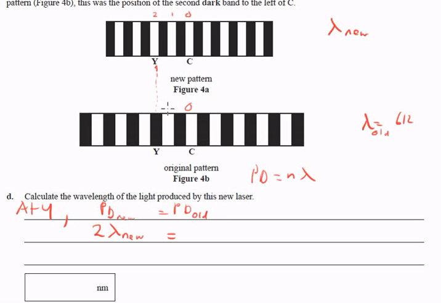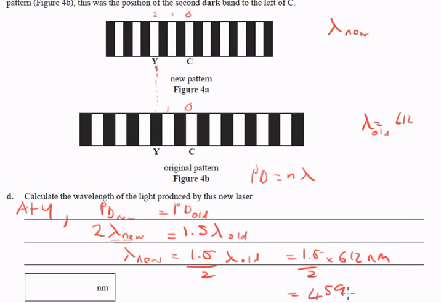Well, there's 0, there's 1, 1.5 of lambda old. We want to find lambda new, so we rearrange, divide both sides by 2. Lambda new equals 1.5 over 2 times lambda old, which is 1.5 over 2 times 612 nanometers, and that equals 459 nanometers.